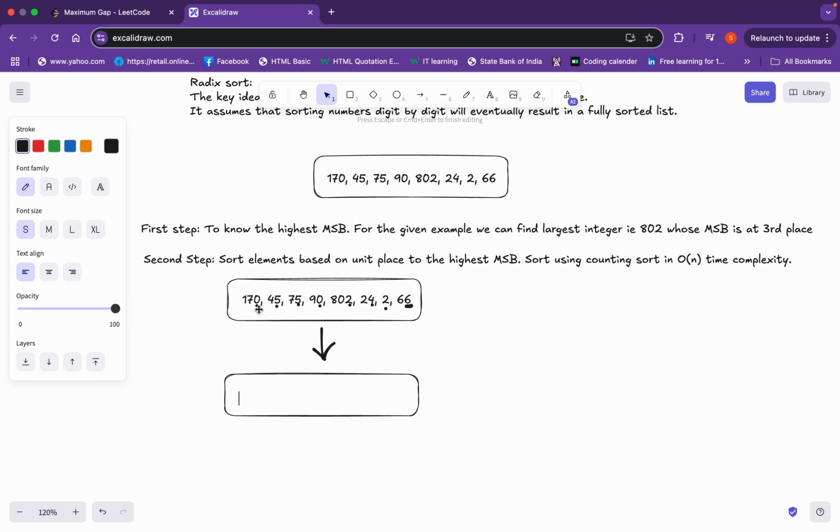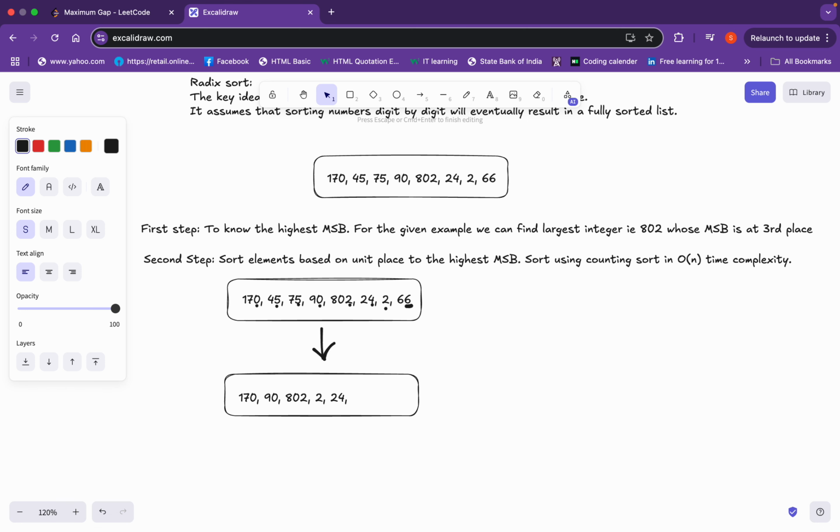The lowest number in unit place is 0. So whoever is at 0: 170, then 90, anything else? No. Next, do we have 1 at unit place? No. Do we have 2 at unit place? Yes, it's 802 and 2. Do we have 3 at unit place? No. Do we have 4 at unit place? Yes, 24.